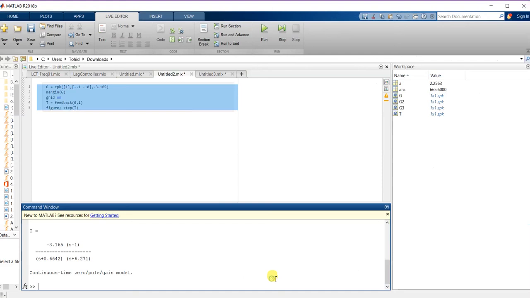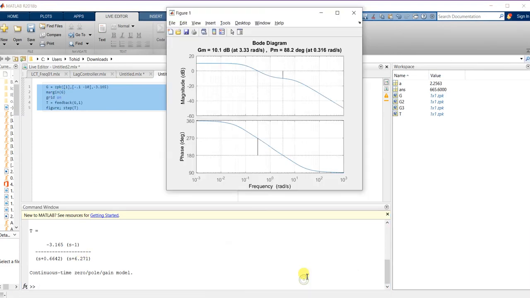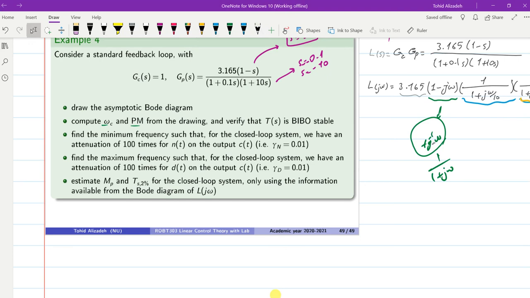We can find out the exact values by using the margin command of MATLAB. I have done it and you can see it over here. So for the phase margin, we have the exact value here. We have it equal to 88.2 degrees, and it happens at the frequency of 0.316.